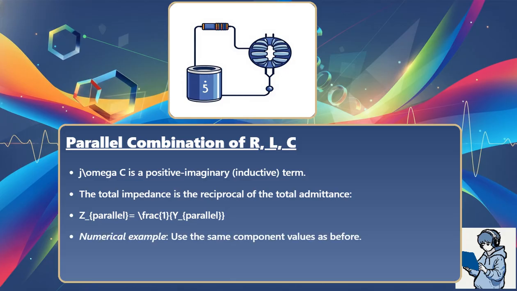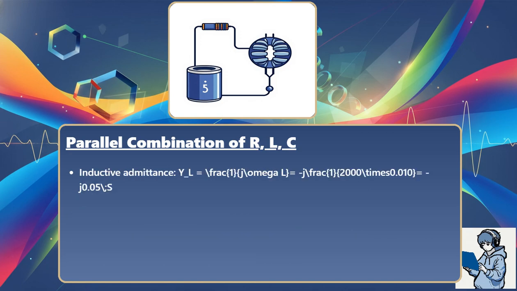Numerical example, use the same component values as before. Conductance G equals 1 over R equals 1 over 50 equals 0.02 siemens. Inductive admittance Y sub L equals 1 over j omega L equals negative j times 1 over (2000 times 0.010) equals negative j0.05 siemens.